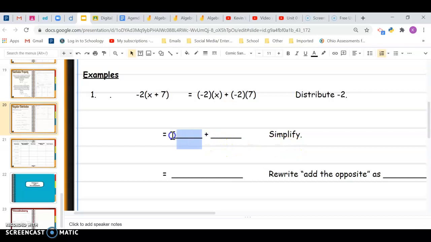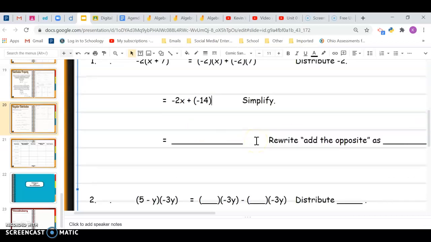So over here, we got a negative 2x. And then we have over here, we got negative 2 times 7. So I'm going to rewrite this as negative 14 inside of a set of parentheses. So we distributed negative 2, then we simplified.